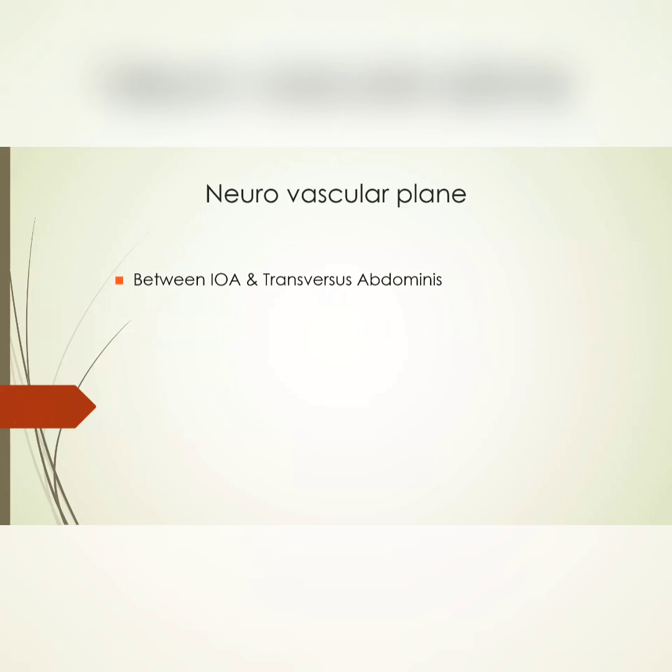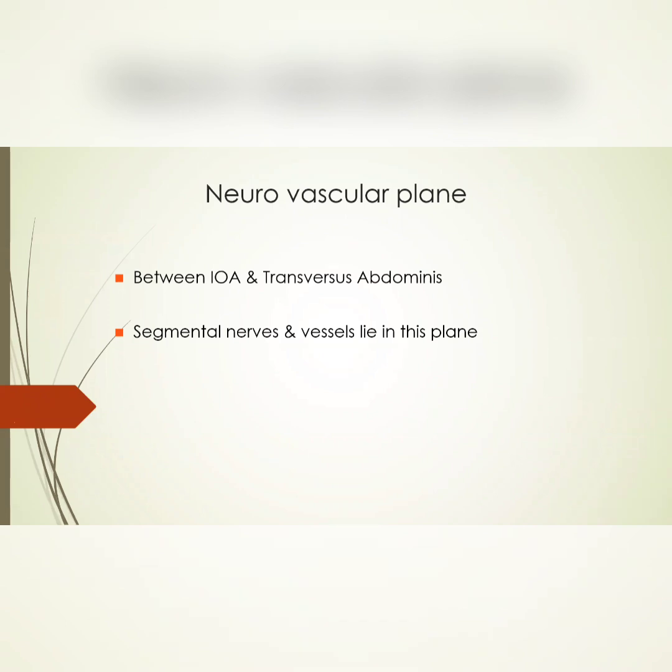So in the abdomen, the neurovascular plane is in between the internal oblique and the transversus abdominis muscle. Keep that in mind. In dissection also, you will be seeing the nerves and vessels in between these two muscles, internal oblique and transversus abdominis.